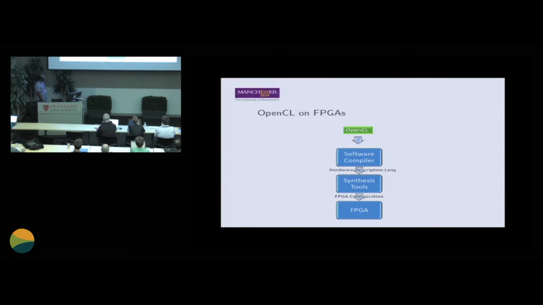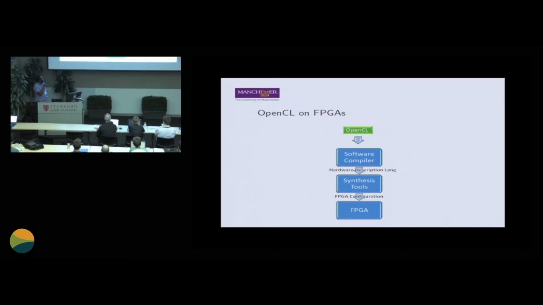So how do you compile something that's basically a software language down to FPGAs? A typical compilation chain looks like this. You have a software compiler, but the difference is that you don't produce machine code anymore. You produce what is often referred to as hardware description language. Hardware description languages are things like Verilog and VHDL. They are low level, so that you can specify what happens on each clock cycle, and they are often difficult to program in.